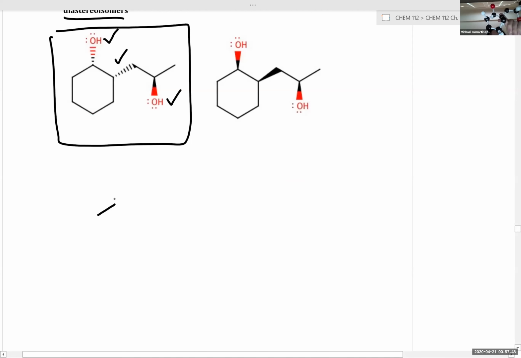Okay, so let's draw what we see. We have our alcohol pointing towards us. We have our hydrogen pointing away from us. Our chain with the alkyl group is on the left-hand side, while the rest of our ring is on the right-hand side.